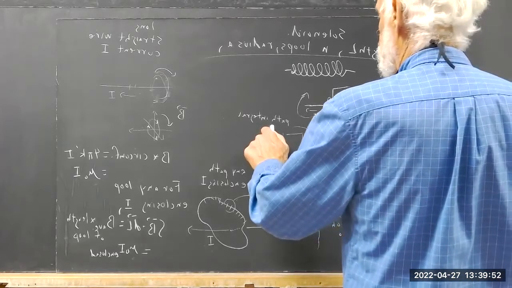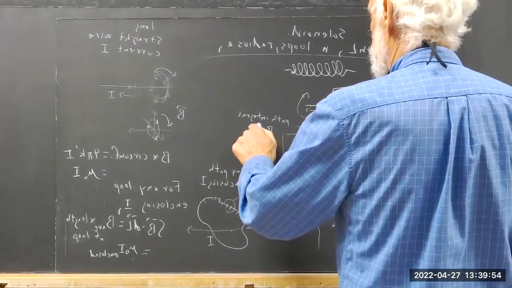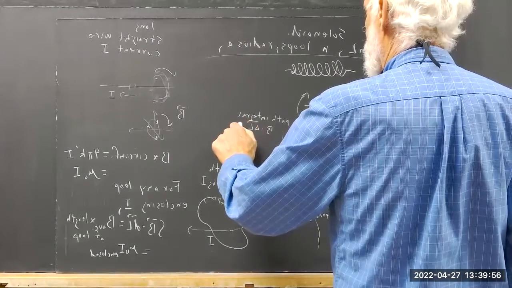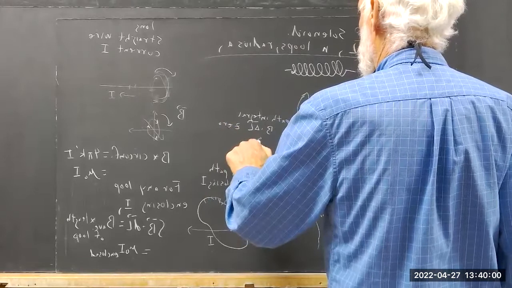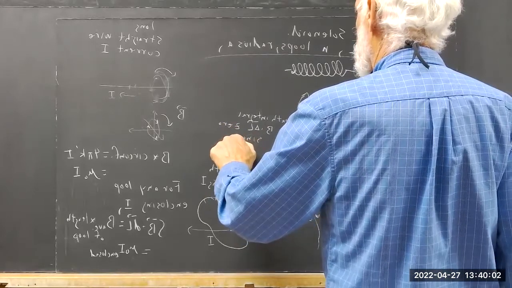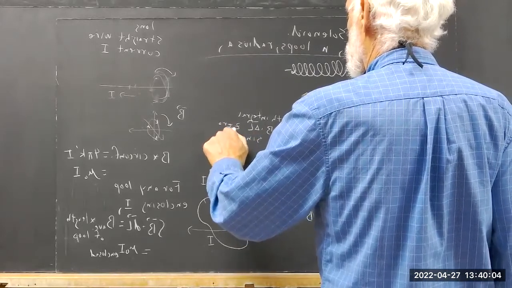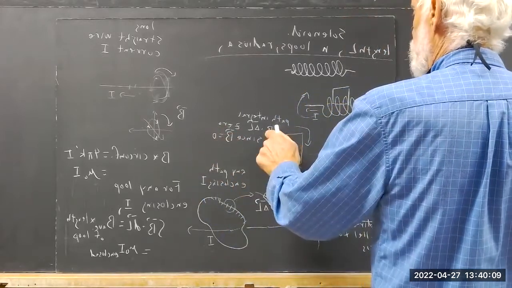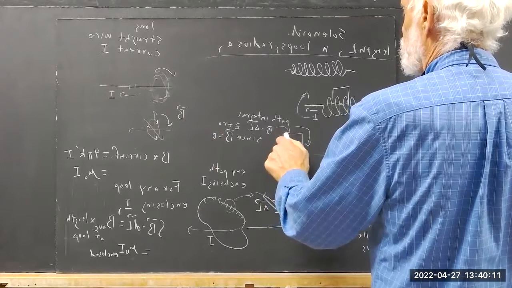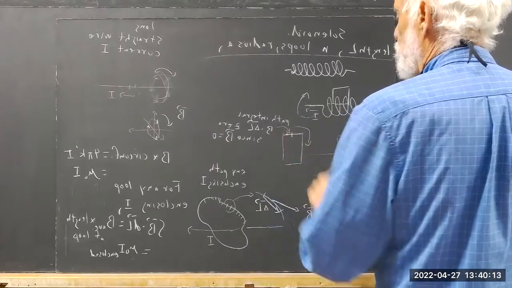So in the ideal case, B dot delta L up here is 0 for any segment.